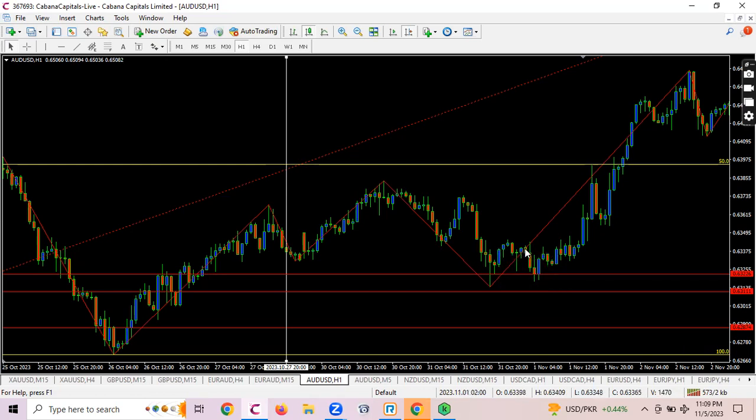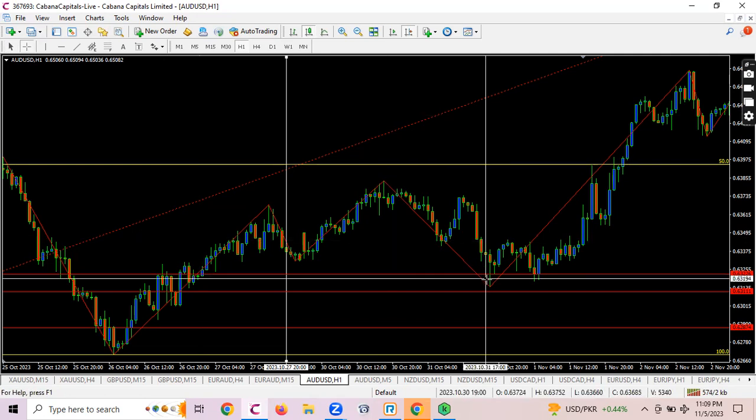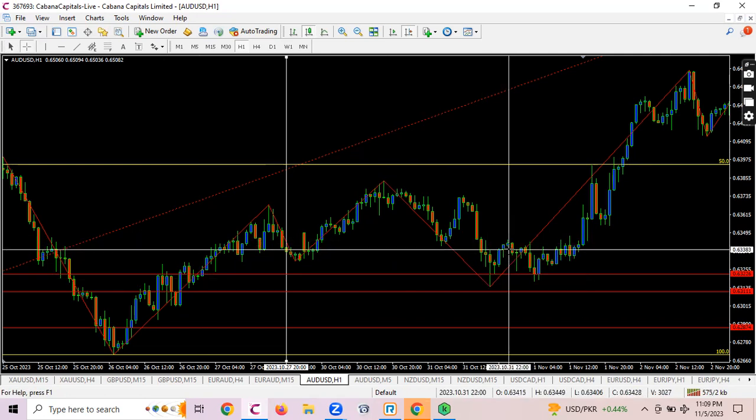And if you are buying from this point, this is where I will set my stop loss. I wouldn't set it at this level because they may want to hunt for this level, but it will be difficult for them to hunt for this level. So my stop loss will be first at this level. This is 66 pips. So my stop loss, like I said, 40 pips, will be around this level.